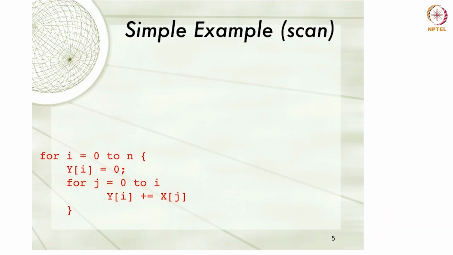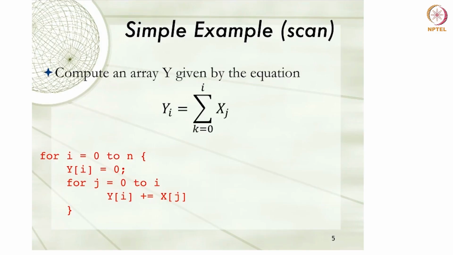Yeah, go ahead. Instead of calculating every time the summation of all xj's, we can just take the previous element of y and add the x. Absolutely. That is simplifying reduction. So you are going to compute an array given by this equation, and the program on the left is the silly and most direct way to implement this equation.